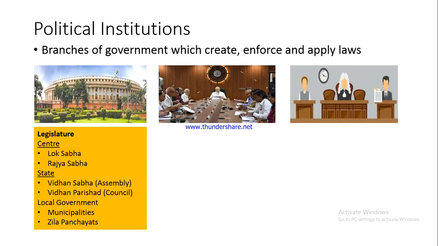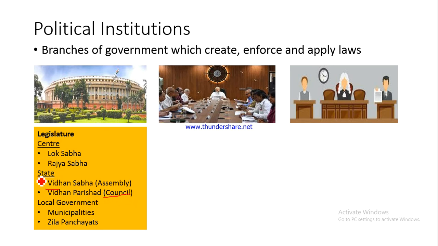So this is our legislature at the center, and the counterpart at the state level is called the Vidhan Sabha. You understand this point? The assembly, the state legislative assembly, and the Vidhan Parishad, the state legislative council.